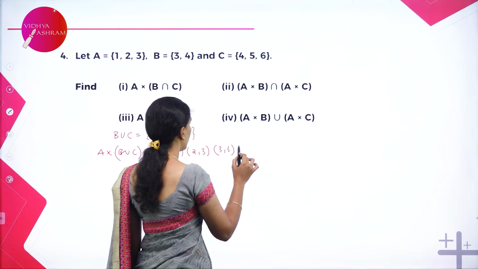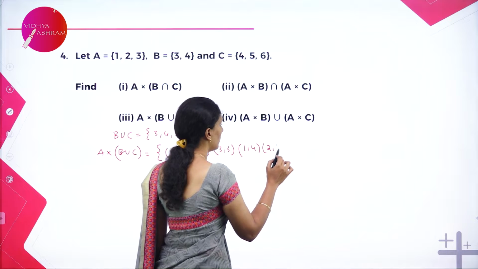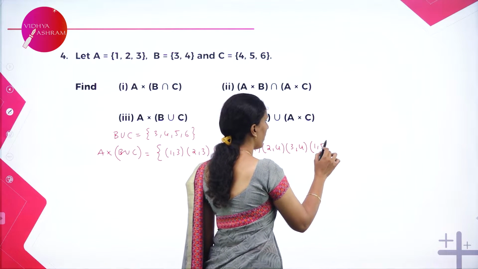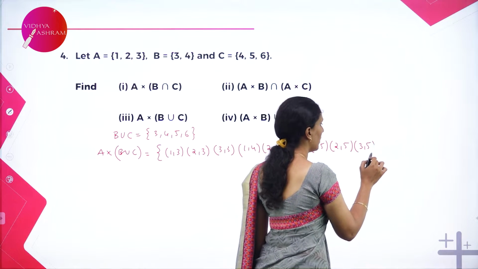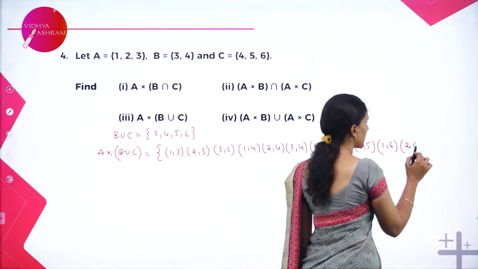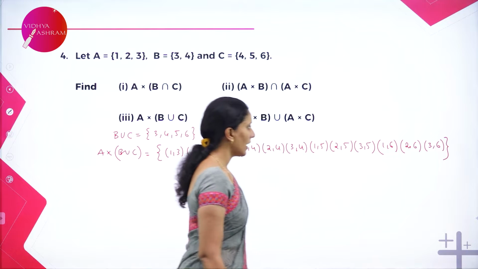Next, we have (1, 4), (2, 4), (3, 4), (1, 5), (2, 5), (3, 5) and (1, 6), (2, 6), (3, 6). So these are the elements.